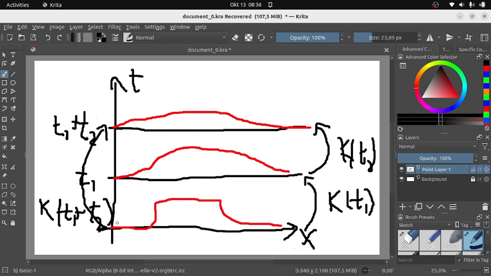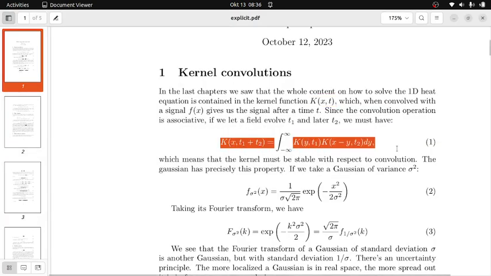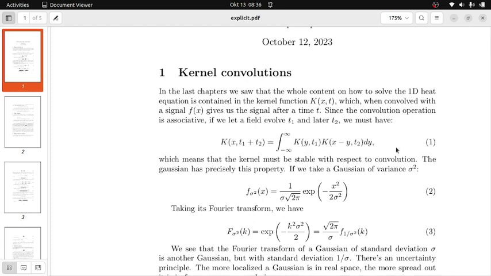It turns out that the convolution is an associative operation, so all that means is that the kernel at t1 plus t2 equals the kernel at t1 convolved with the kernel at t2, and that's all that this equation is saying, right? That the convolutions at different times, when you add, they must match.